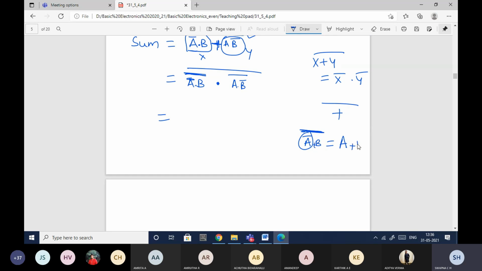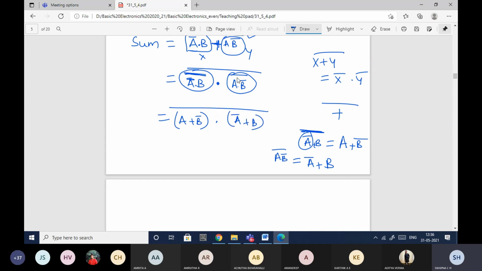I have B, so B bar. So this entire thing can be represented as A plus B bar, into, again this also I'll expand. A B bar whole bar: A I'll write as A bar, I have dot so I'll write plus, B bar will become B. So it is nothing but A bar plus B, and this whole bar I have not touched. Only this portion I have just expanded.